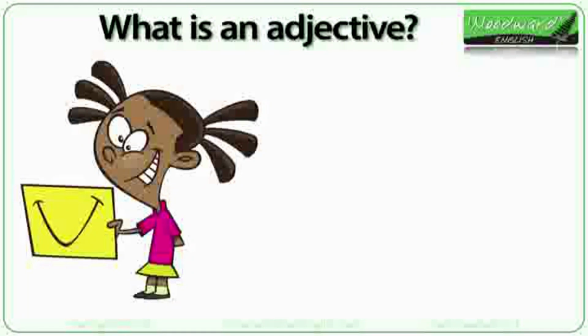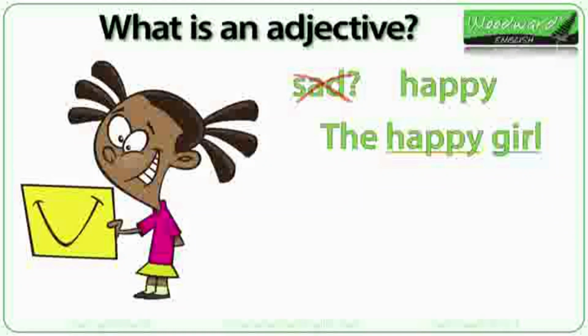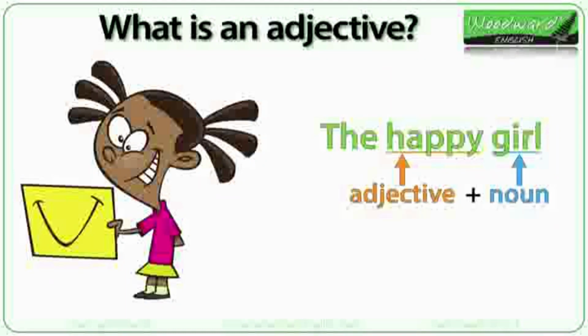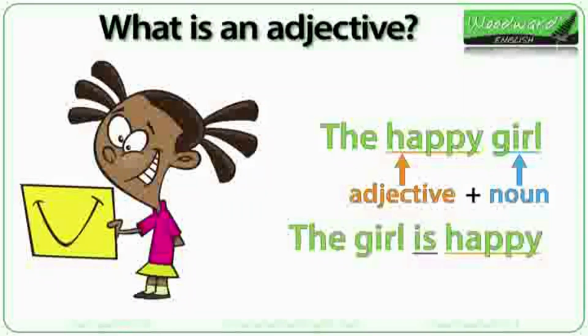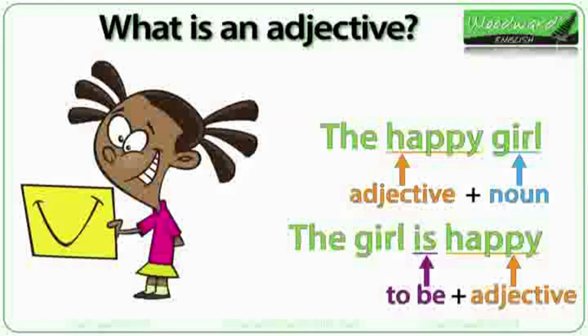Another example. Describe this girl. Is the girl sad? No, she is happy. We can say the happy girl. Happy is an adjective. Girl is a noun. We can also say the girl is happy. To be plus the adjective happy.